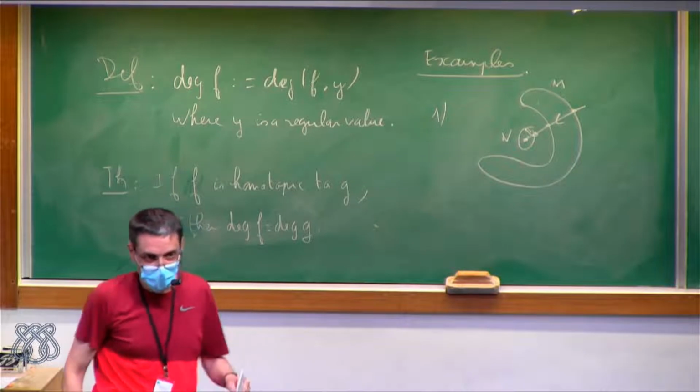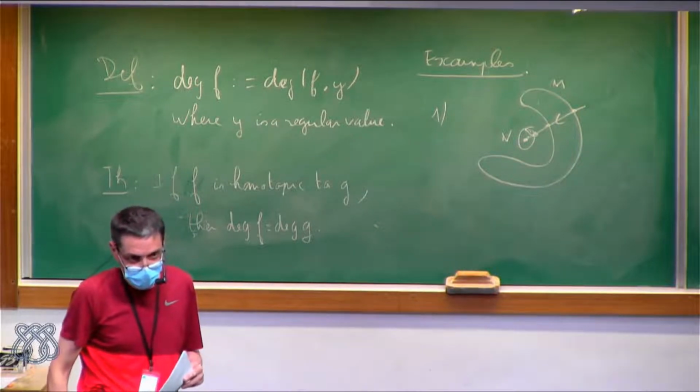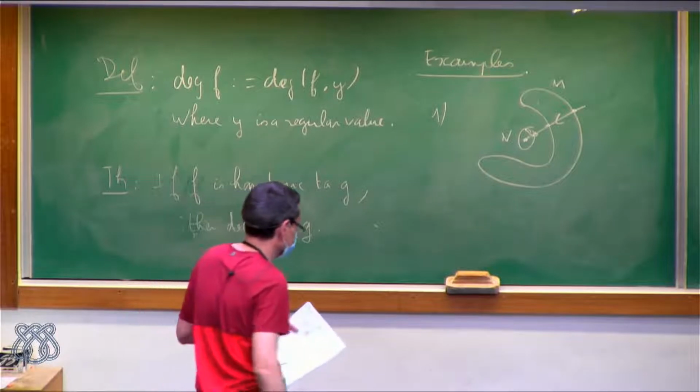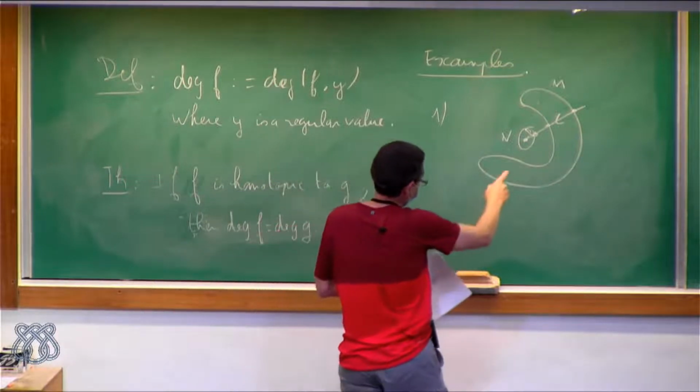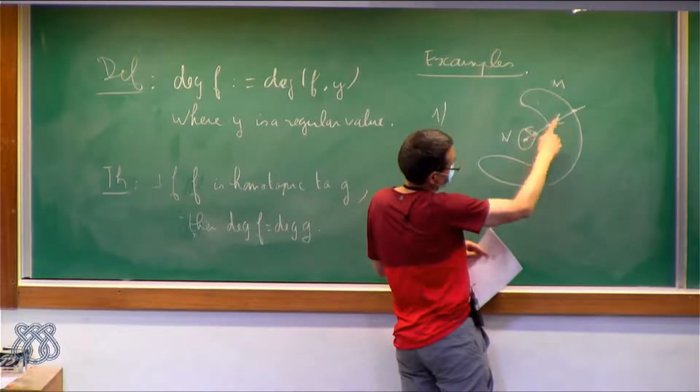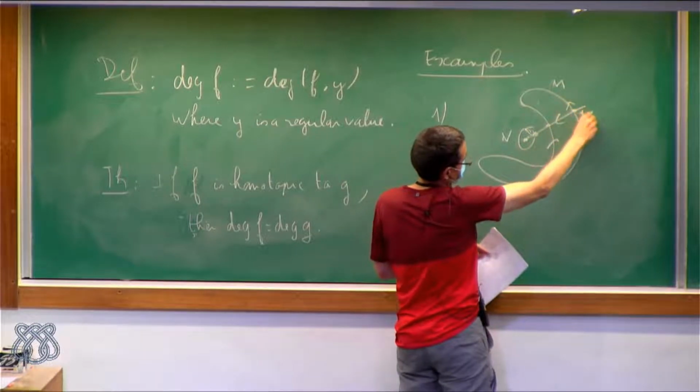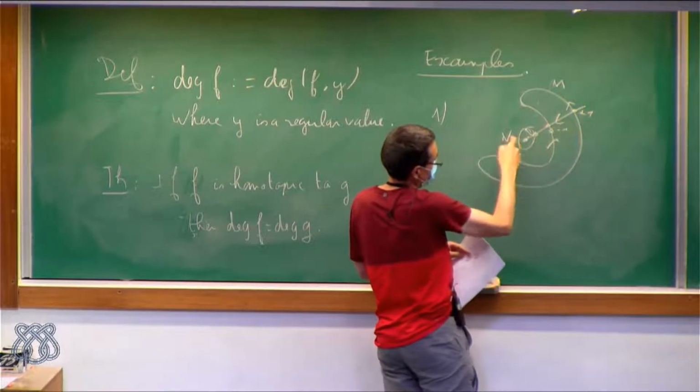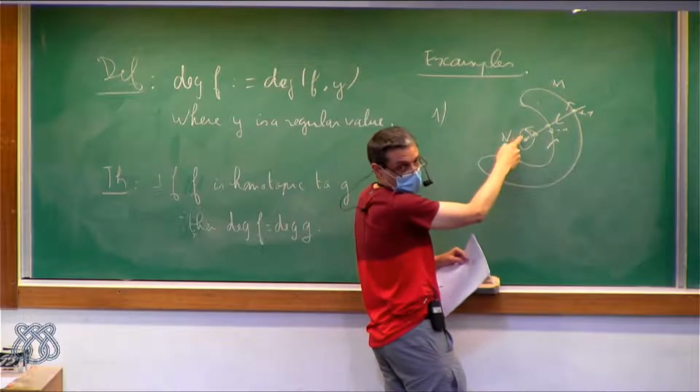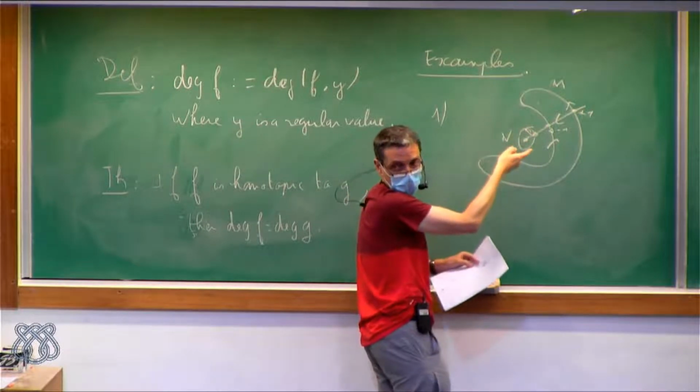Yes, 0. Why? Here you see that this point has 2 pre-images. Here the sign is +1, here is -1, so 0. But you see that here, for example, it has no pre-images, so the degree is 0.